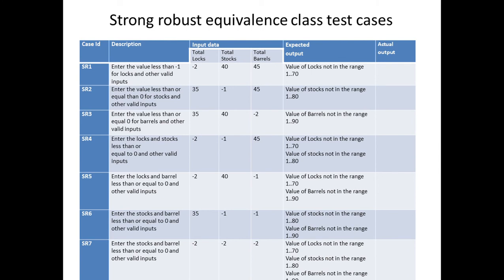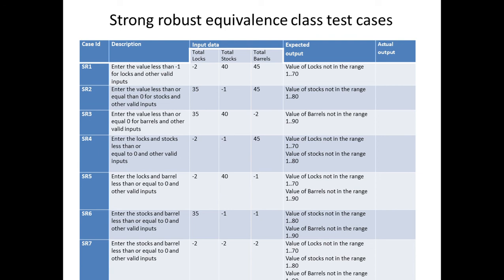Next is the strong robust equivalence class test cases. As I told, here you can give invalid values for more than one variable.